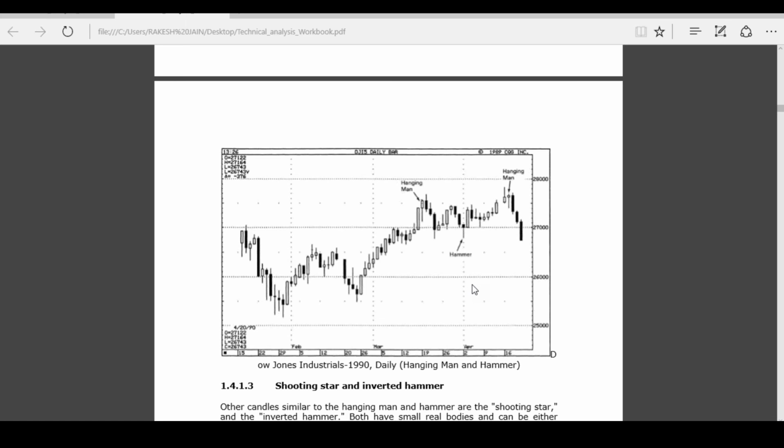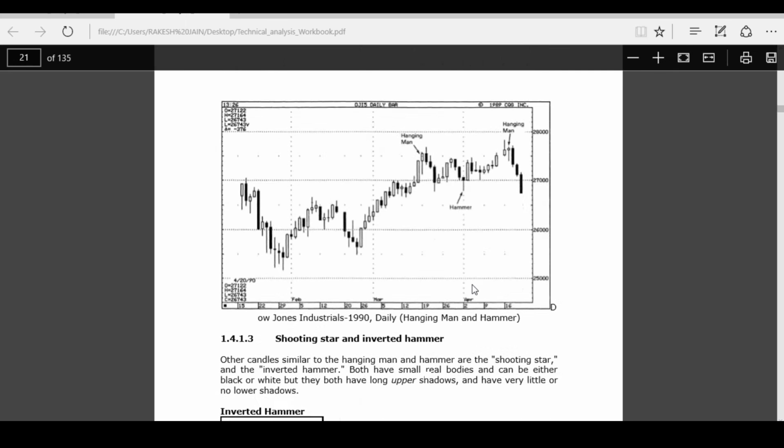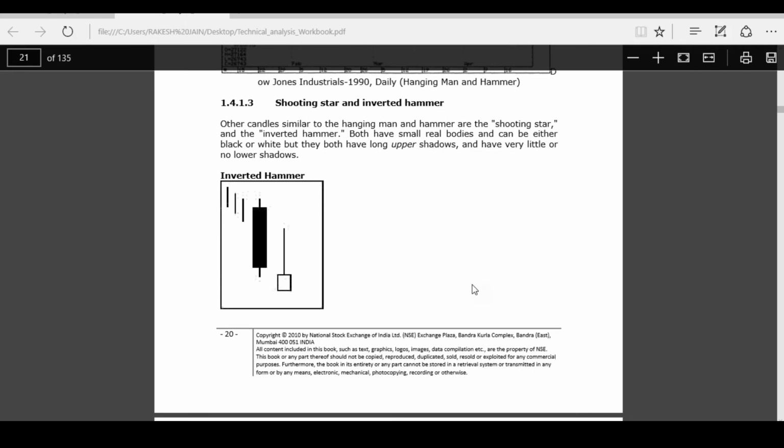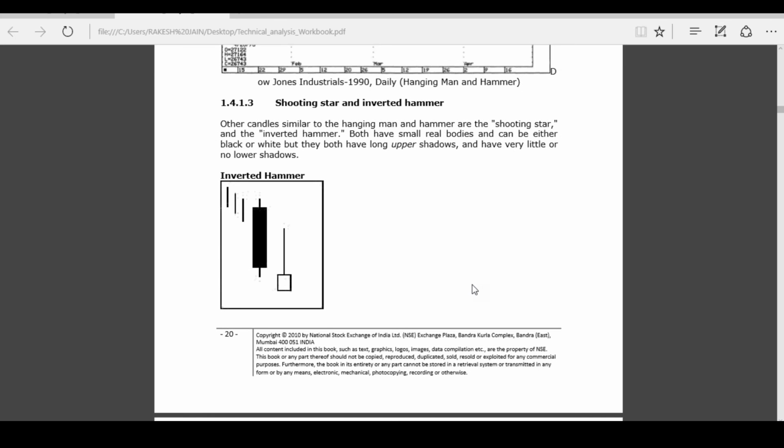Now what is important to understand is that when supports are broken, it's a sign of weakness, and when resistance is broken, it's a sign of strength for the stock. Say Nifty breaks 9,000 to 9,100. That is a sign that after 2 years we are breaking and making a new all-time high in Nifty. That will be a very positive indication that we are going for a good bull run.